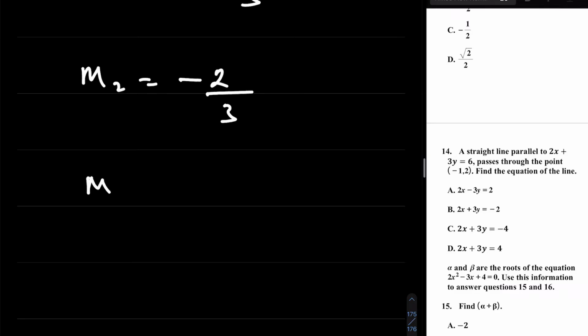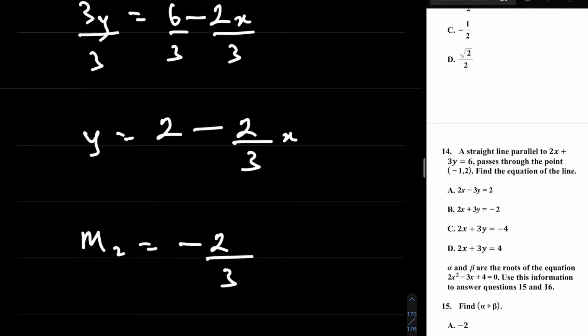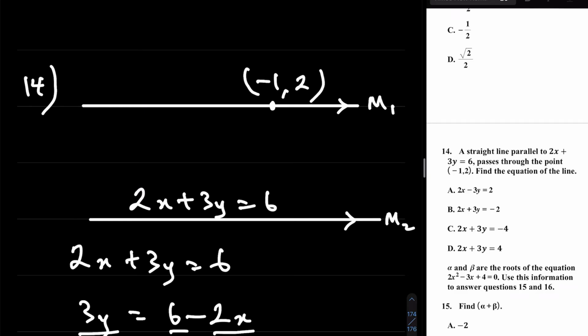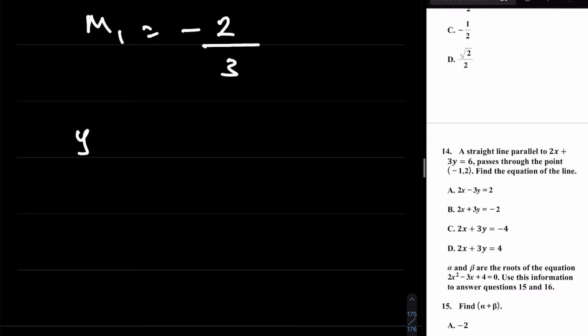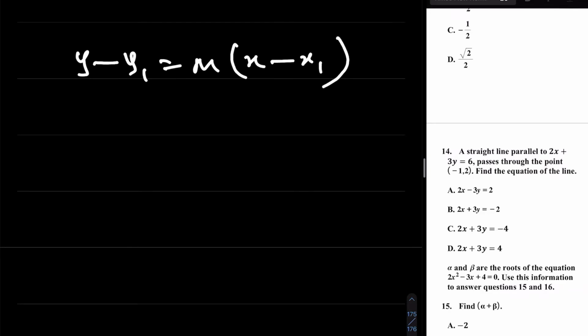And therefore, m1 will also be equal to minus 2 over 3 because the two lines are parallel, which means their gradients are equal. Now, the equation of the first line, which passes through the point minus 1, 2, is given by this formula: y minus y1 equals m into x minus x1, where m here is the same as m1, and this is the point through which the line passes.